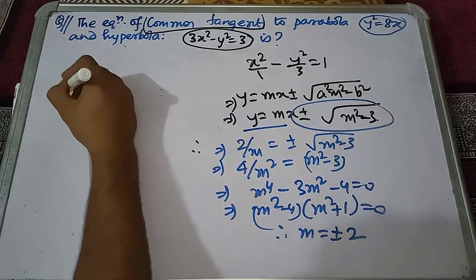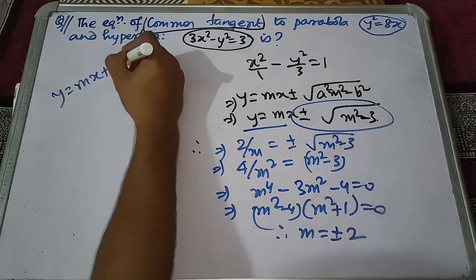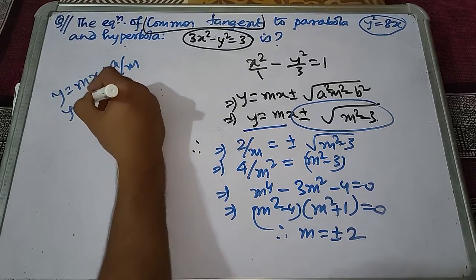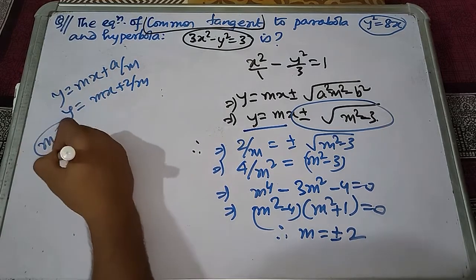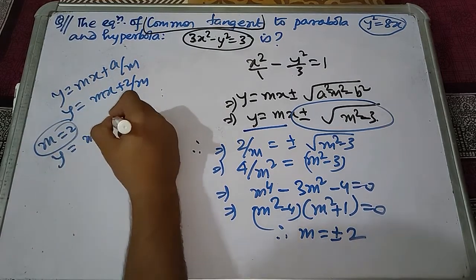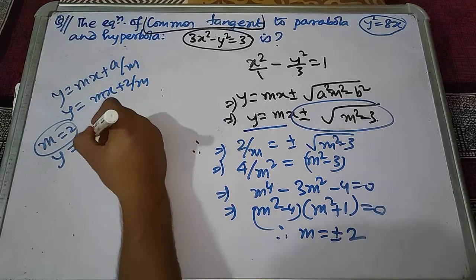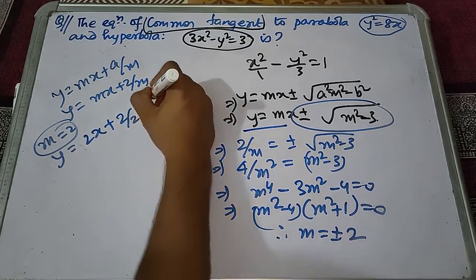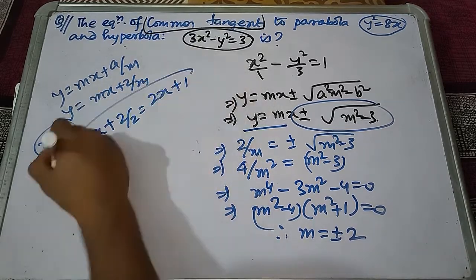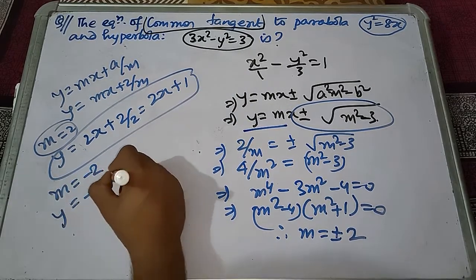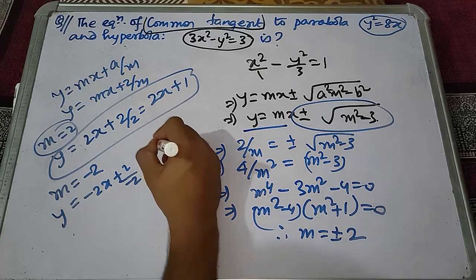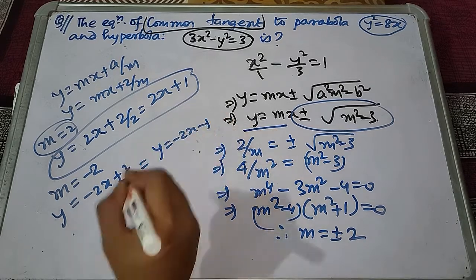Now, we will put it in the simpler form, using y = mx + a/m. For m = 2, y = 2x + 1/(2·2) = 2x + 1/4. The other one, m = −2, y = −2x + 1/(−4), so y = −2x − 1/4.